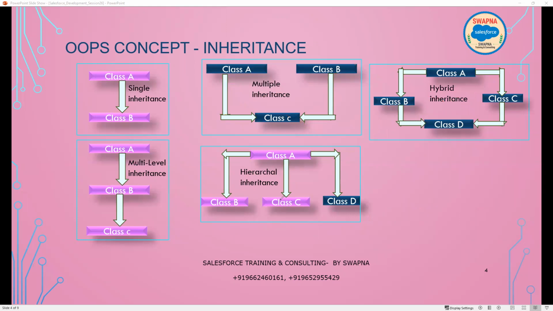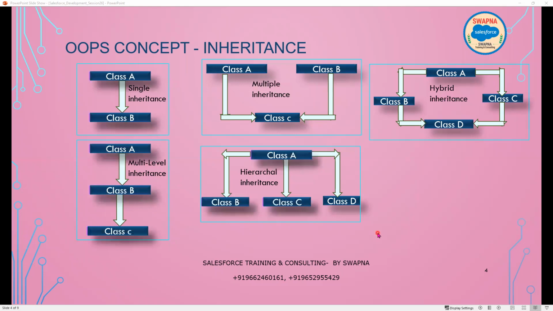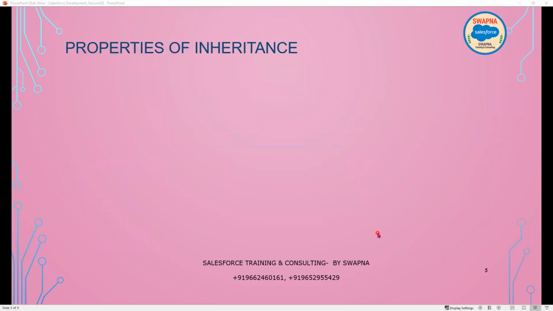Whenever we want to implement inheritance, what are the properties? That means what are the concepts that I need to keep in mind? Now, the properties of inheritance.